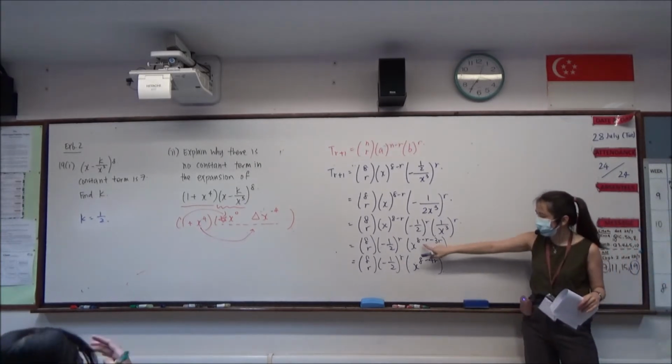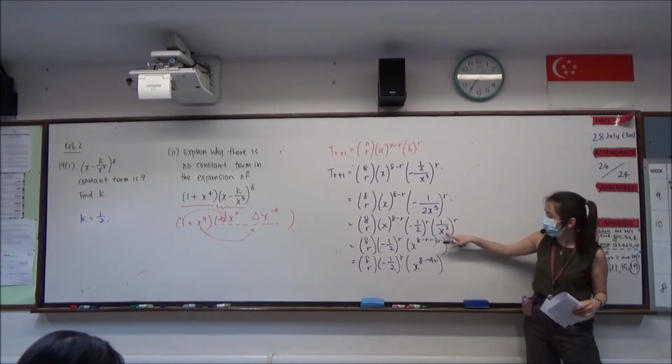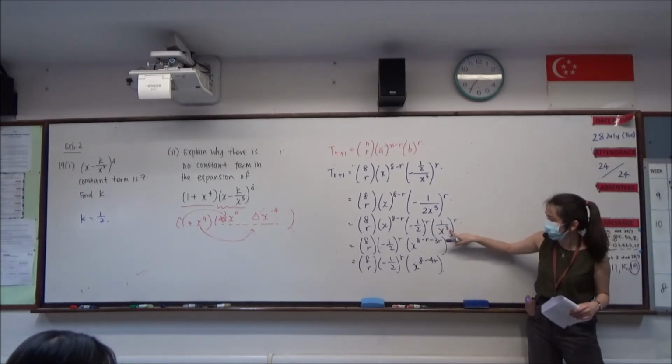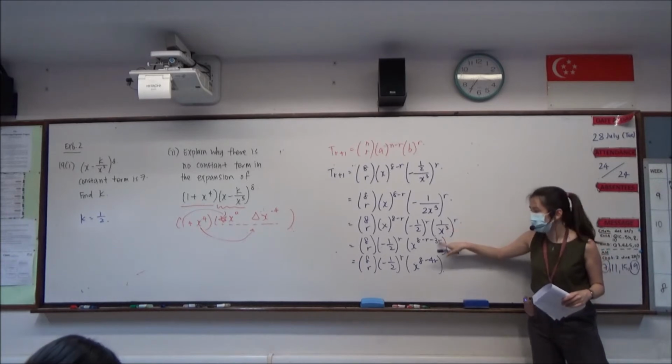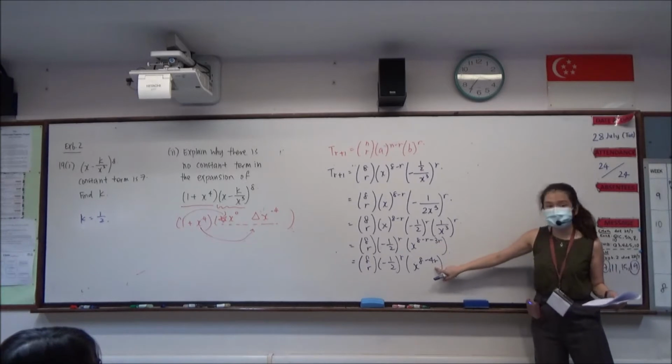How I get this 8 minus r minus 3r is because 1 over x cubed to the power of r will become 1 over x to the power of 3r. Since it's in the denominator, it becomes minus 3r. So it simplifies to this.